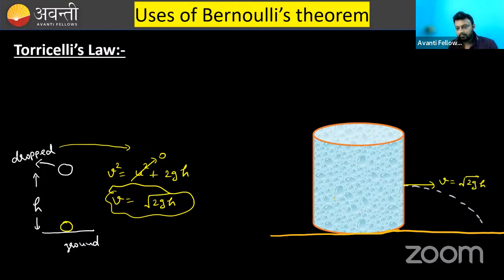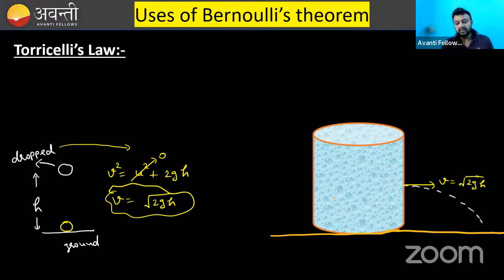We have derived it. Now, what does Torricelli's law say? It says that velocity of efflux is the same as the velocity gained by a body when it falls freely by the same height, small h.